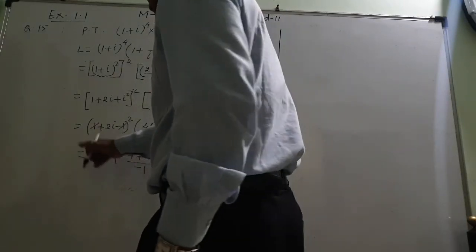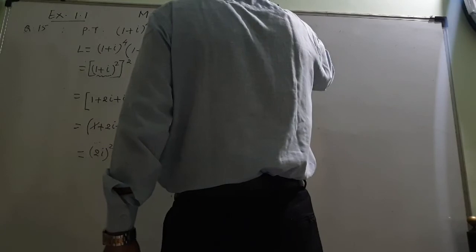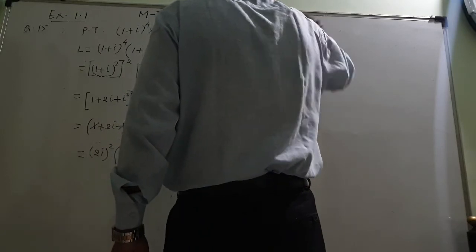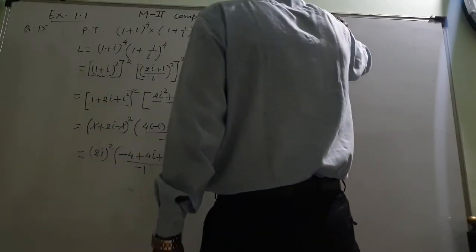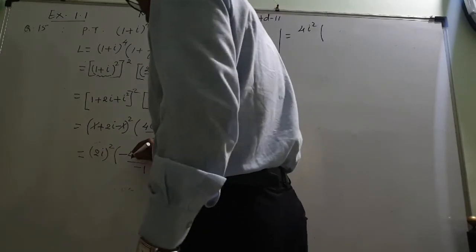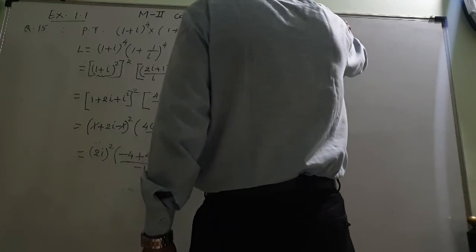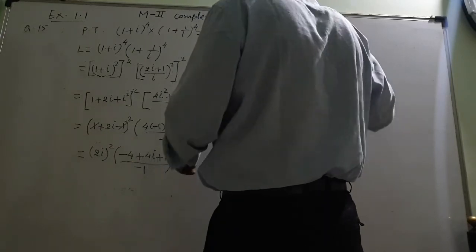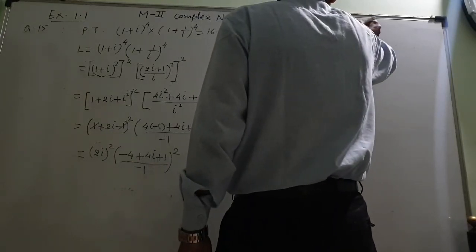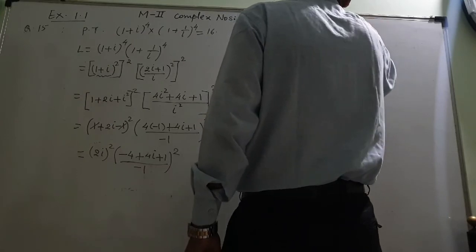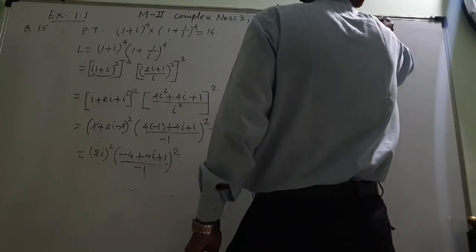Now I will open this. 2i square is equal to 4i square. Now this is minus 4 and this is plus 1. So minus 3 plus 4i upon minus 1 bracket square.